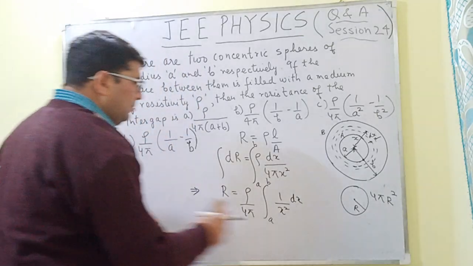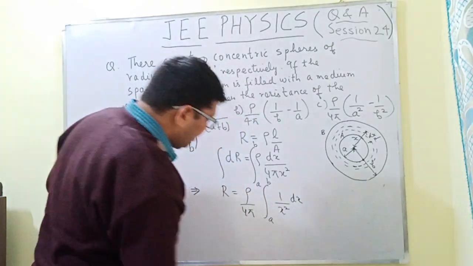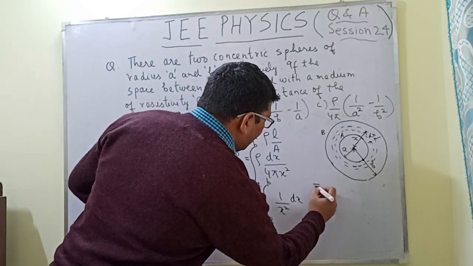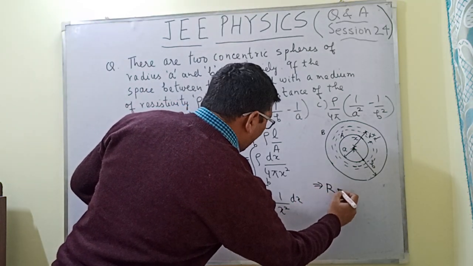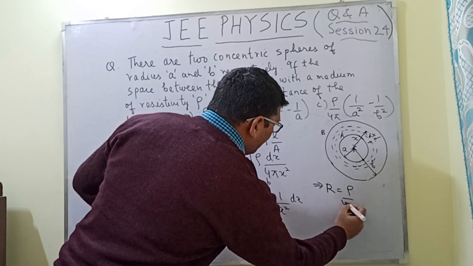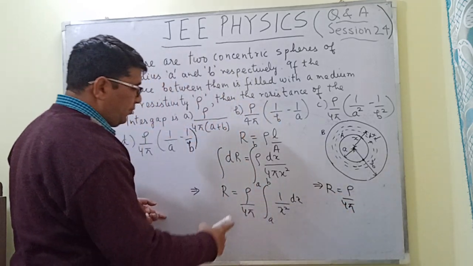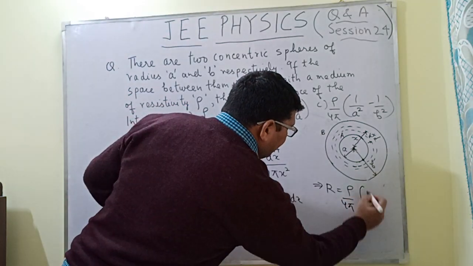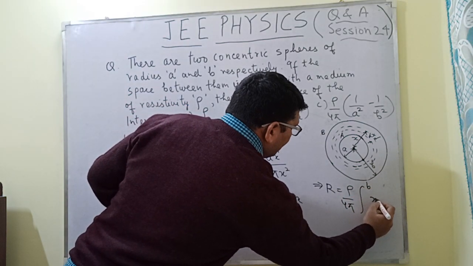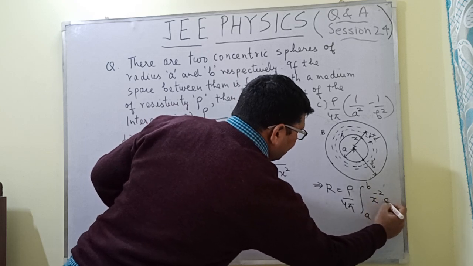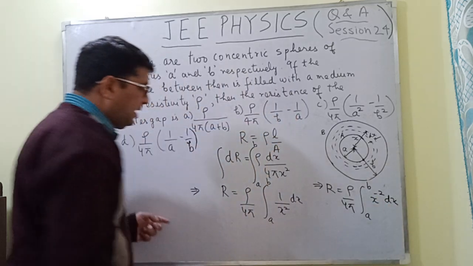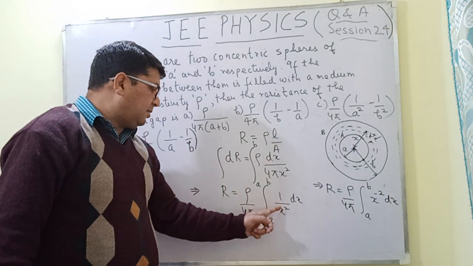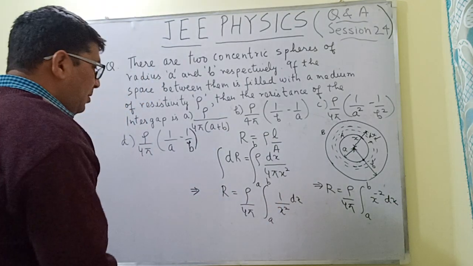Now this equation can be written as R is equal to rho upon 4 pi times the integral from a to b of x to the power minus 2 dx. I have taken this x square in the numerator.